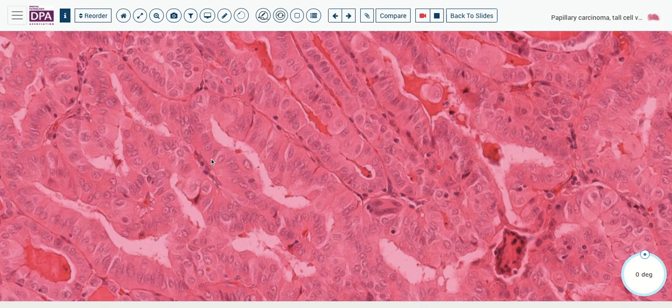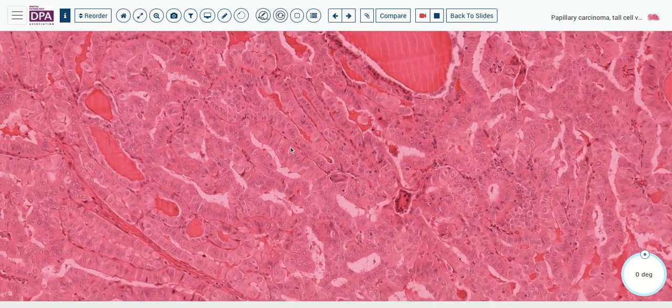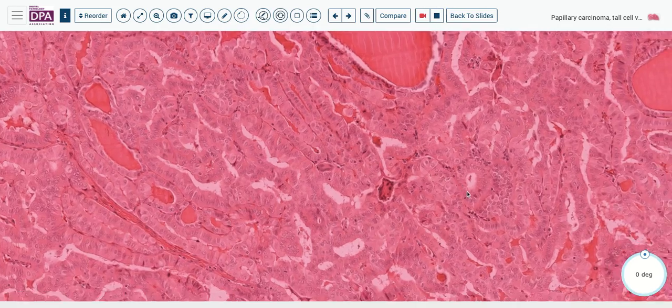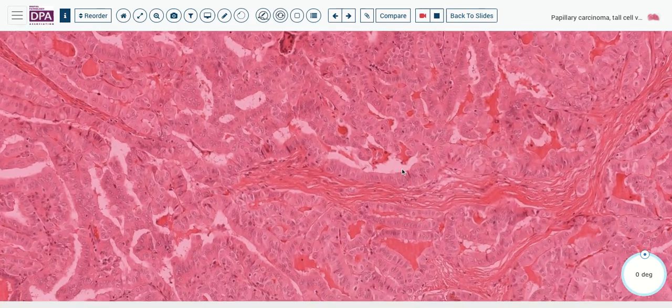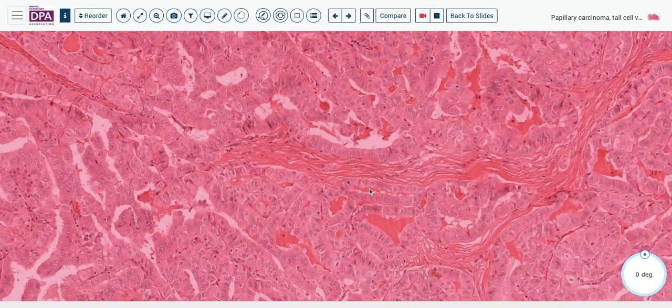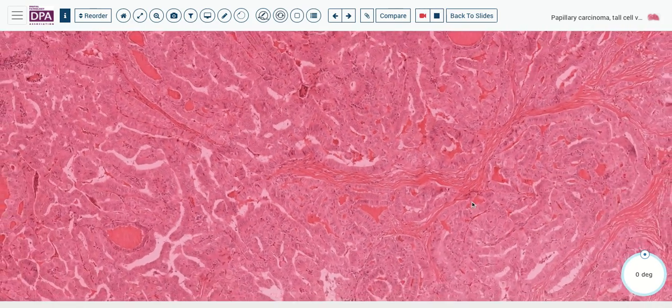So they're at least 3 times as tall as they are wide. Okay, so that's the feature, and that needs to be seen in about 30% or more of the tumor. And we can see here that's the case, here that's the case. So we're seeing it in ample areas in this tumor.